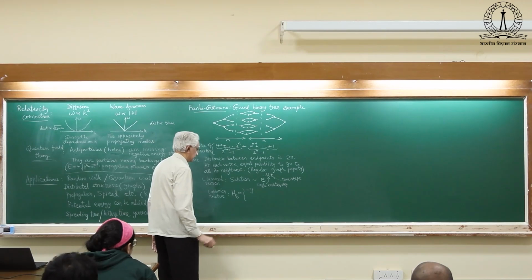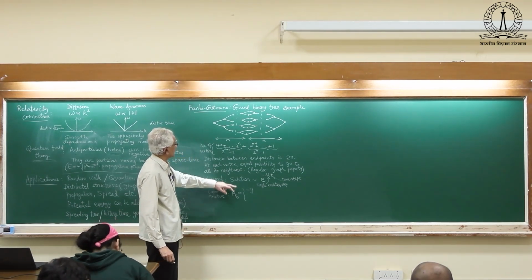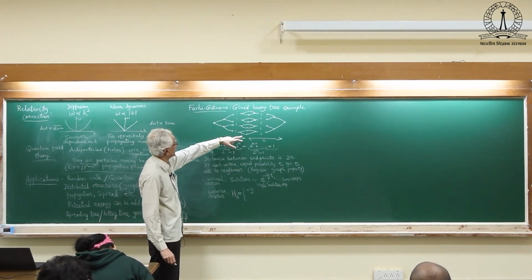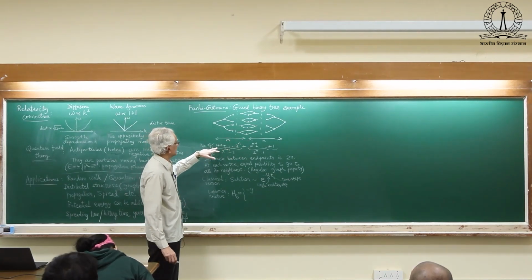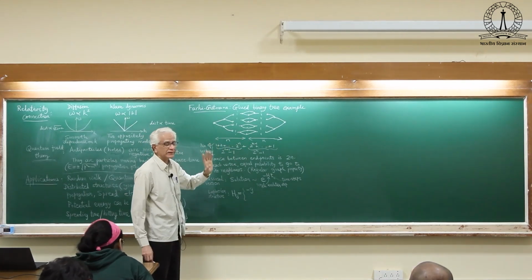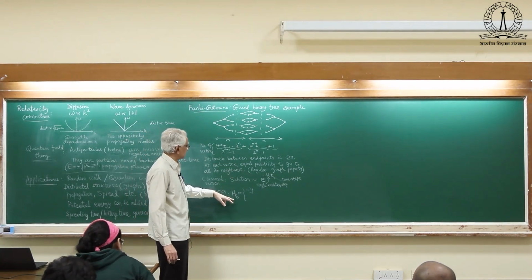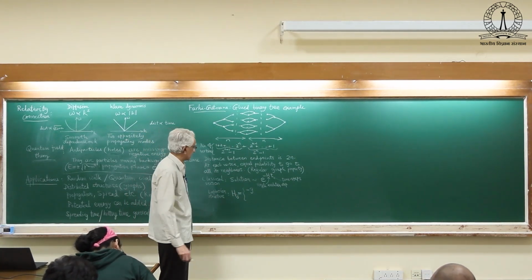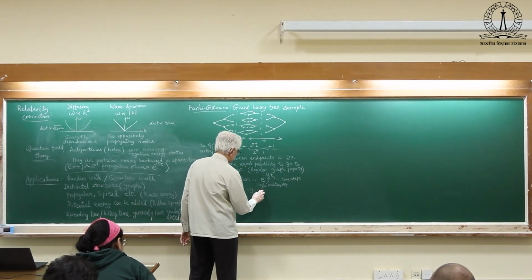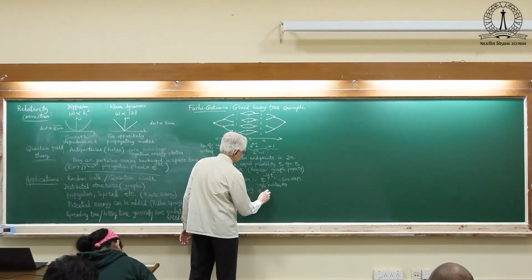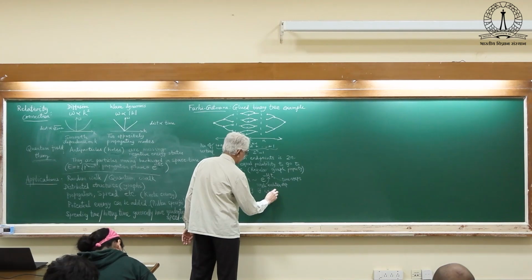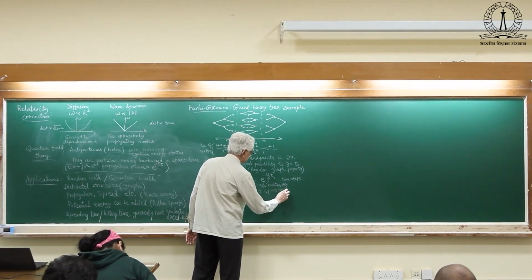So I and j, let them be the indices corresponding to the vertices. So the vertices are so many of them, and you are going to move on that particular graph. So this is if I, j are neighbors.